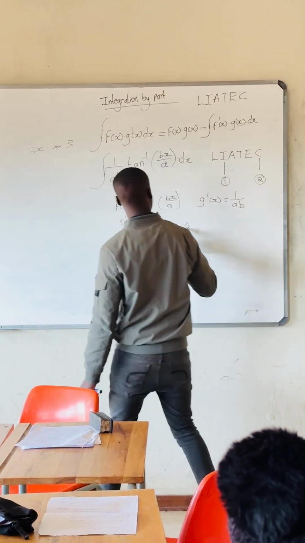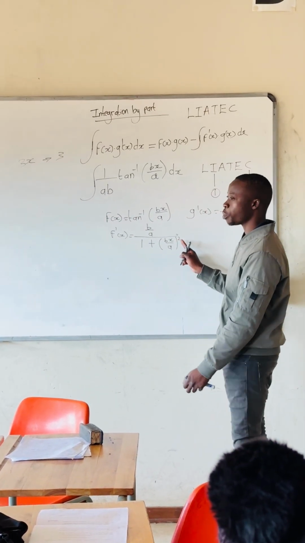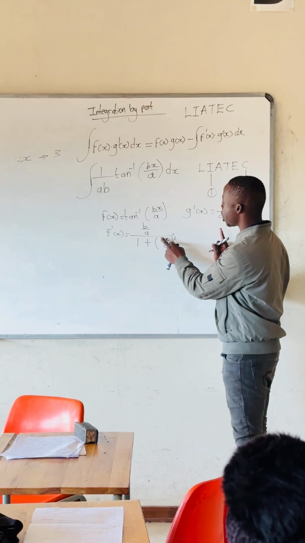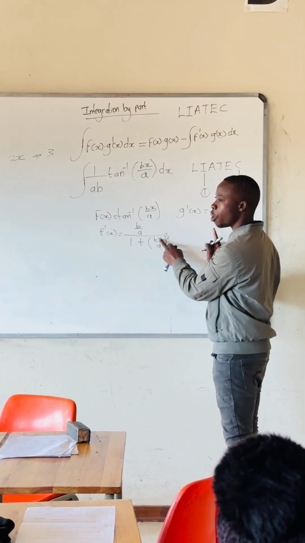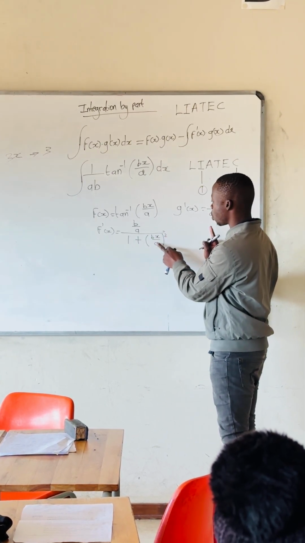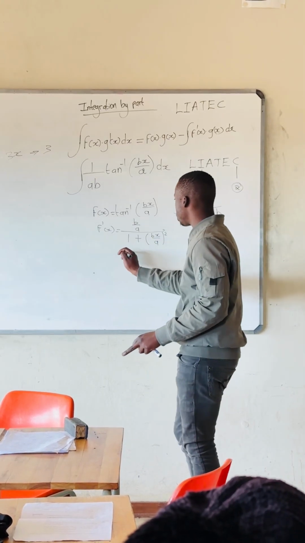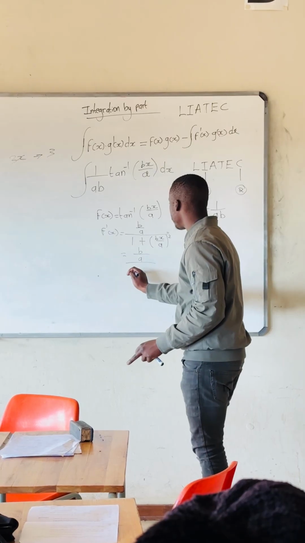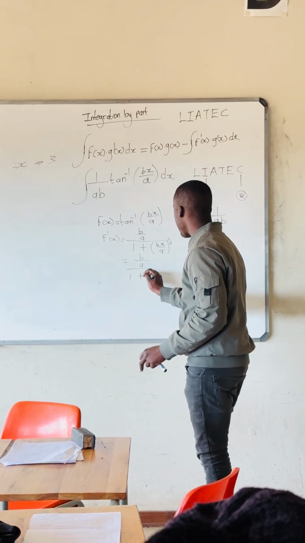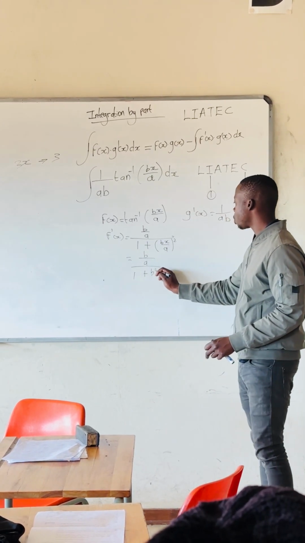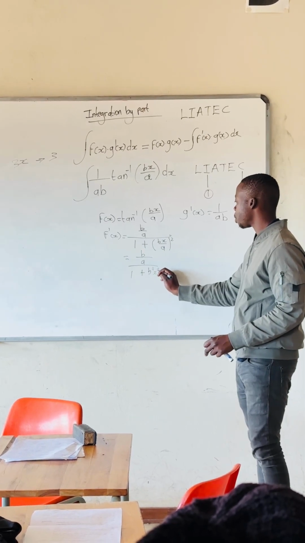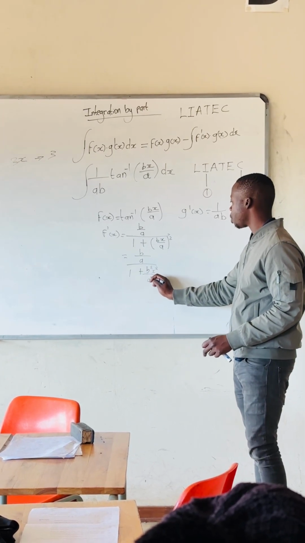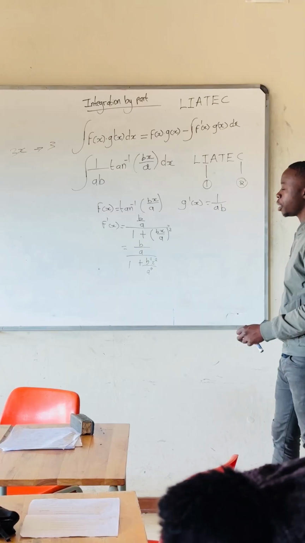If you want, you can apply the laws of exponents, so that it is squared to B, squared to x, and also squared to A. When we write it in simplest form, the derivative is 1 plus B squared x squared over A squared.